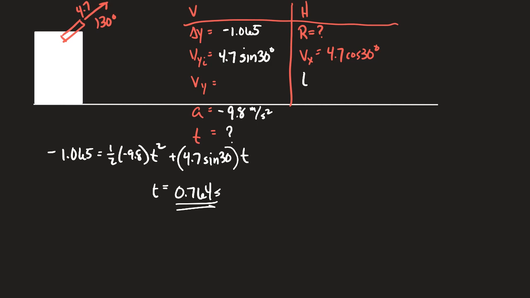But now that we know the time is 0.764, we got to take and find 4.7 times the cosine of 30 times 0.764, which is going to be about 3.1? I get about 3.1 with some change.